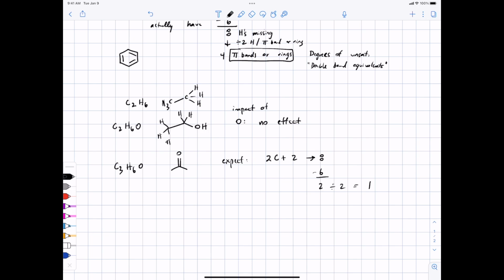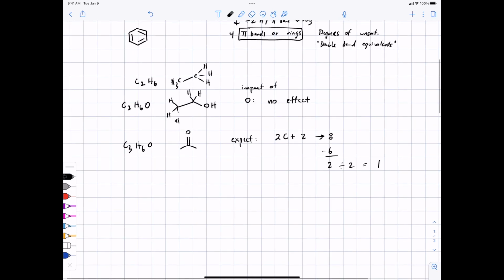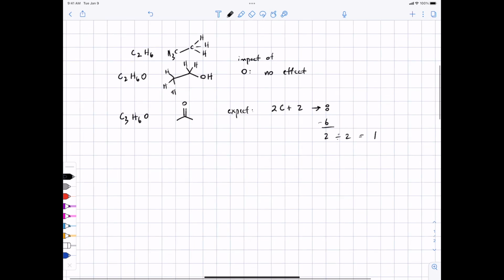Now that may appear like no big deal, but let's look at what happens if you don't make an adjustment and you incorporate a halide. Okay? So in incorporating a halide, because a halide's only bonded to one thing, we really do replace one hydrogen with a halide.